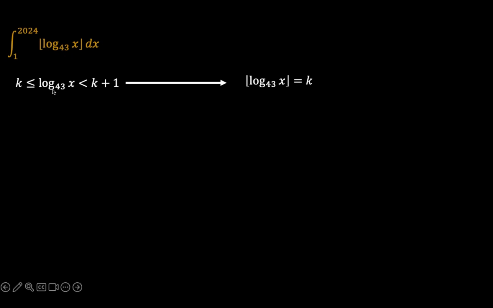As soon as log to the base 43 of x is equal to k plus 1, then this floor function shifts to k plus 1.